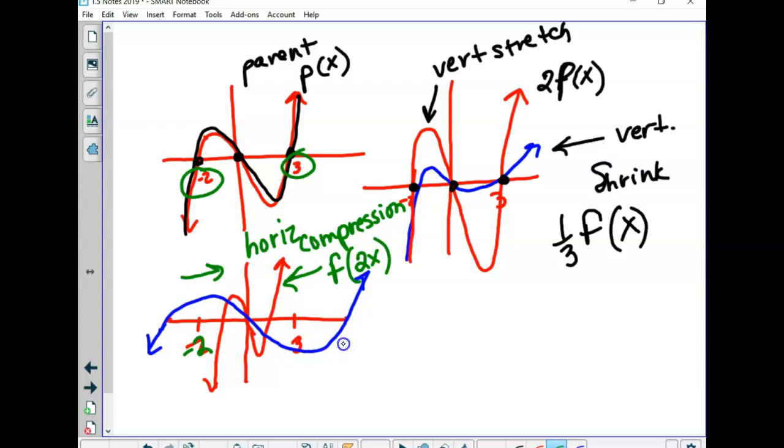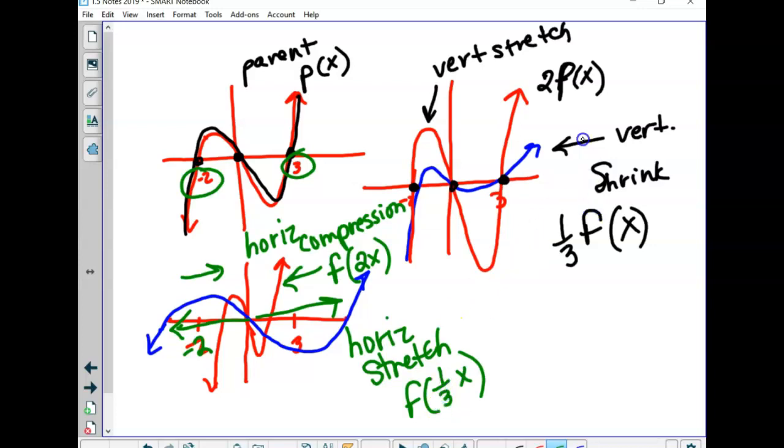The blue one, from the black one up here to the blue one down here, it's stretched way out this way and this way. That's a horizontal stretch. And a number that would make you stretch something horizontally would be like less, a 1/2 or a 1/3 or a 1/4 or something in here.